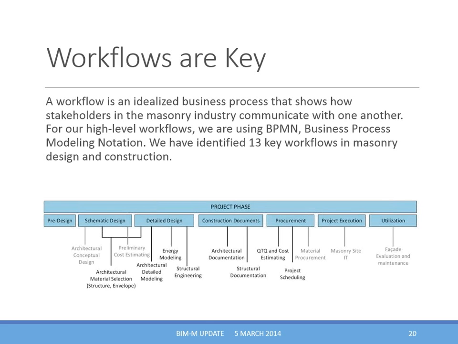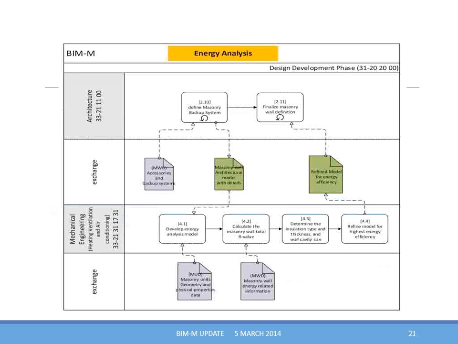So in the diagram that you see, starting at the far left-hand side in the pre-design phase of a project and going all the way through to the end phase of a project where you're actually maintaining the facade, who are all the stakeholders?